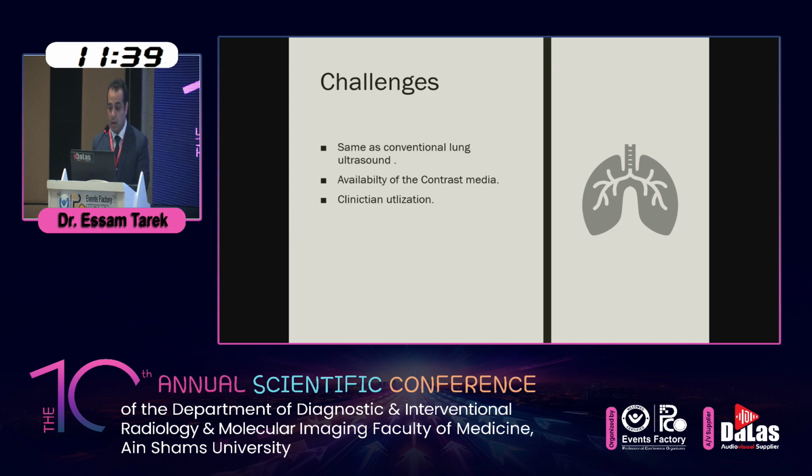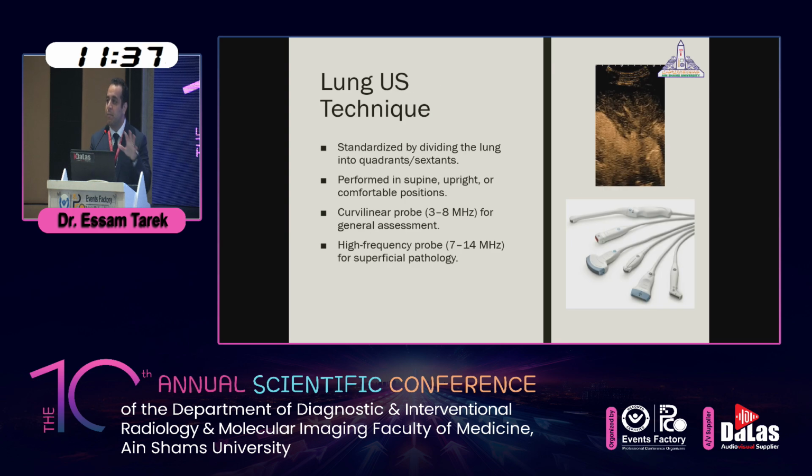Let me remind you of the normal conventional ultrasound technique. Previously, ultrasound was requested mainly for a specific or localized lesion. But now we can do a general examination, so we subdivide the chest into 4 quadrants or 6 segments, and every segment I have to examine in longitudinal and transverse projections to ensure I am scanning all these segments.